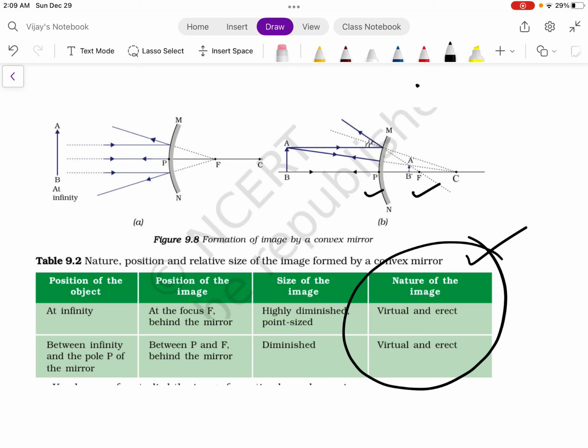That's why a convex mirror is also called a vehicle mirror. Why is this used in vehicles? Because it gives a wider field of view, and the image formed in that mirror is virtual and direct. So I can see a large chunk of area in a small mirror. So it is easy for the driver to see the entire traffic behind him. So it is used in vehicles.